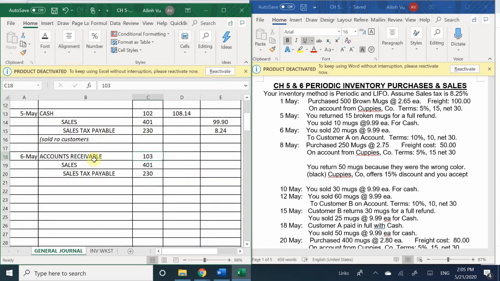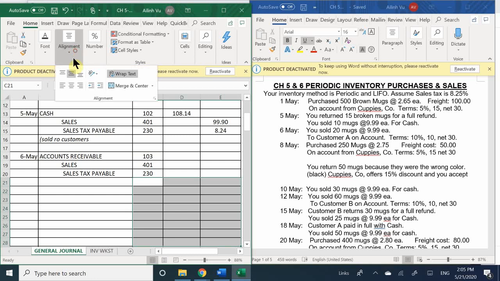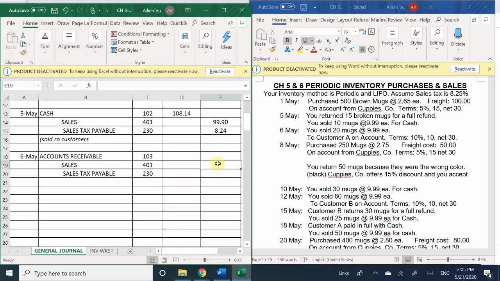Okay. So how do we calculate how much customer A owes us? Well, sales is $199.80. All right, how did you get that? 20 mugs times a unit cost of $9.99.